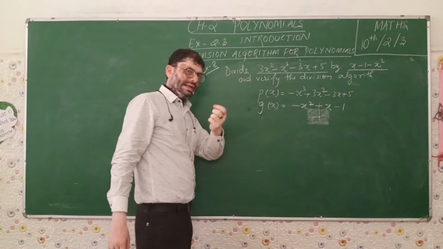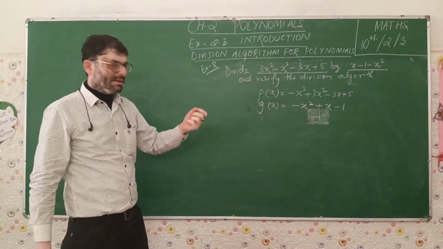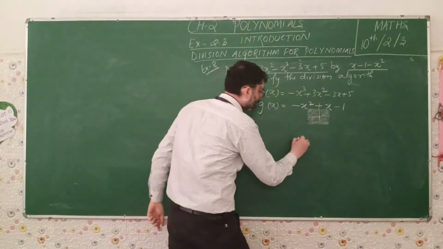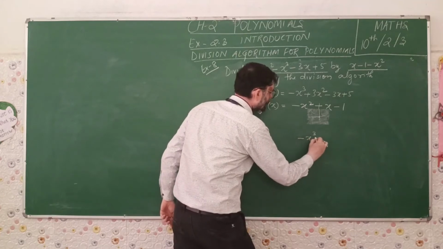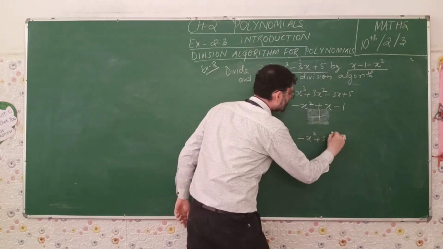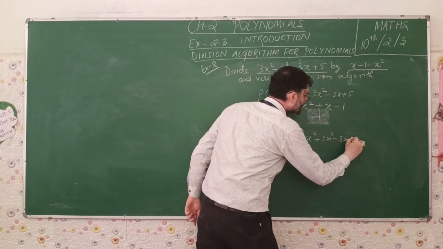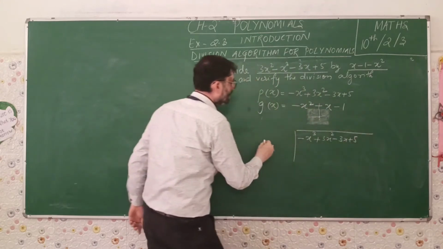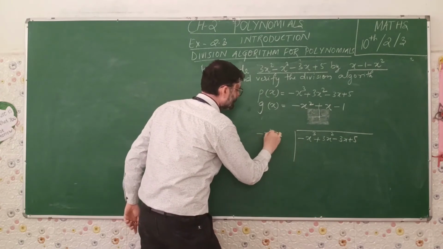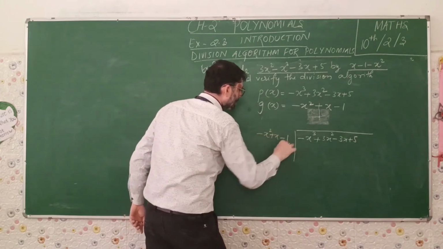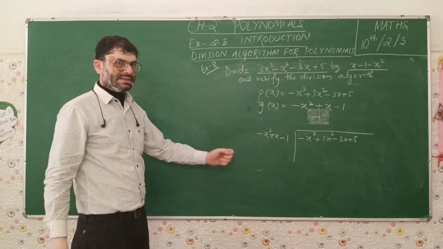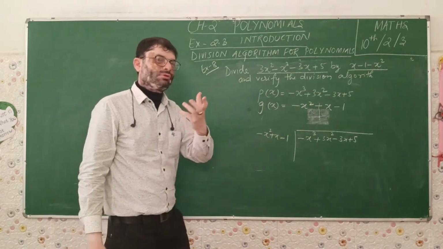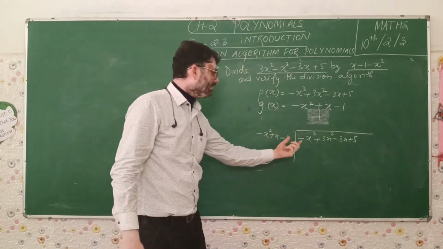So first of all, let us divide p(x) by g(x). Minus x cubed plus 3x squared minus 3x plus 5, and we will have to divide this polynomial by minus x squared plus x minus 1. In the division process, I have told you that we will have to give more concentration on the first term.